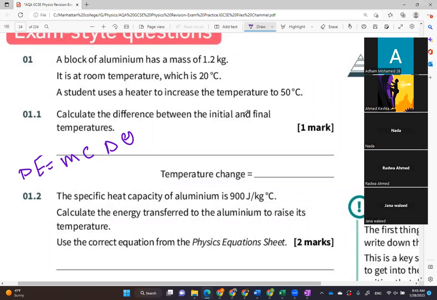Try again. Selma, you good? Give me the final answer, please. Anas, you good, mashallah? Anas and Selma, you good? Try again, guys. I already gave you the formula.